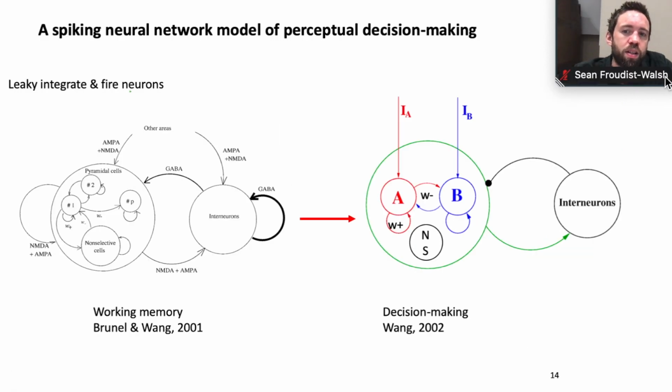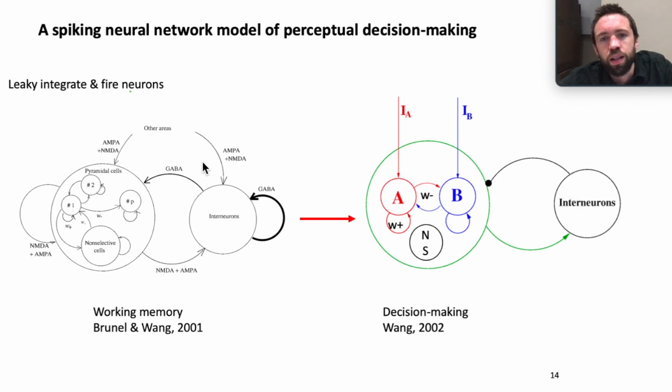So to study decision making, we can start to look at exactly the same model, but now we just focus on two competing excitatory populations, for example, that prefer a leftward stimulus and a rightward stimulus. And we still have a non-selective population, and all of these excitatory cells are communicating with inhibitory neurons, also known as interneurons, as before.